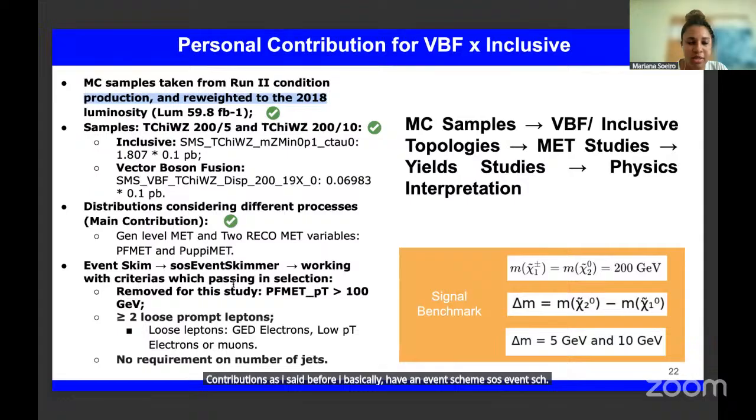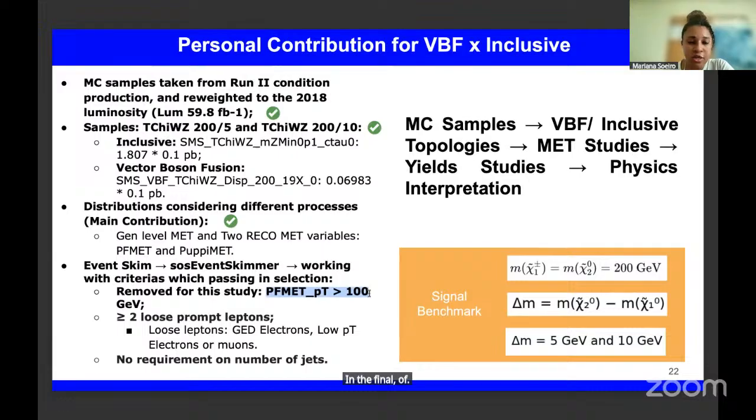As I said before, I basically have an event skimmer, the SOS event skimmer. These are details from my analysis, but in my study, I basically remove that cut and try to understand what's best, what's passive, what's not, and how to work with the other loose leptons at the end of the process.